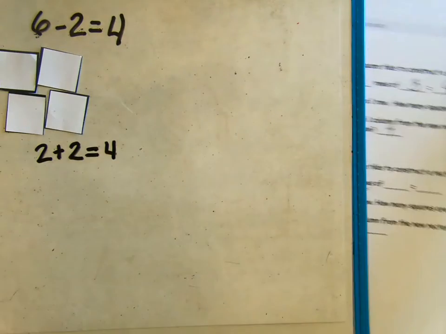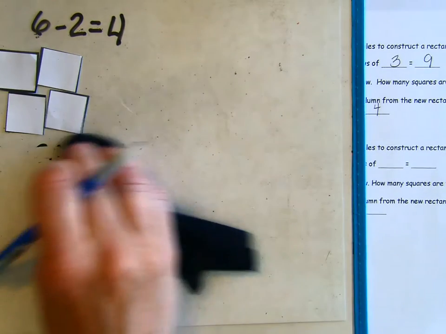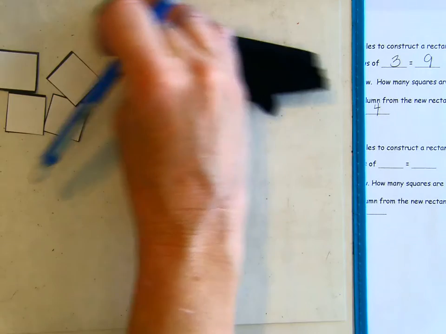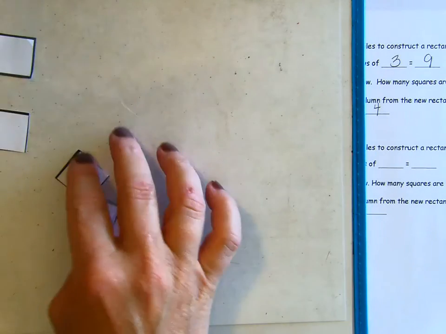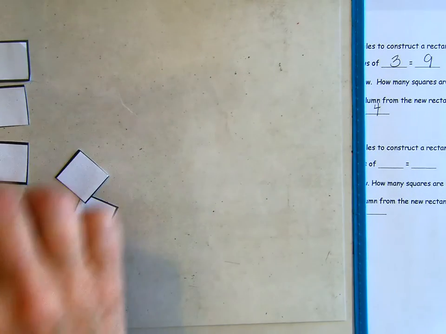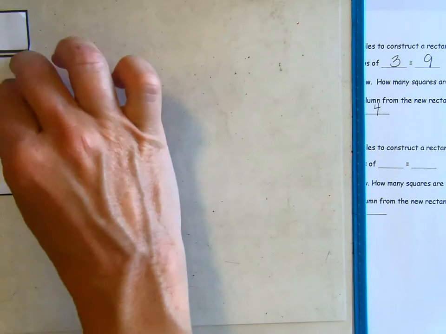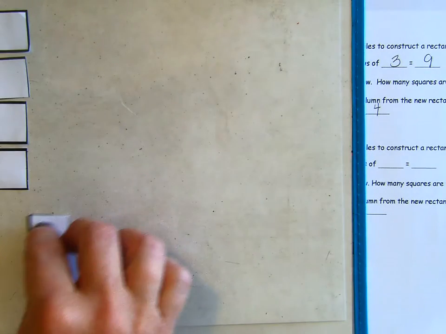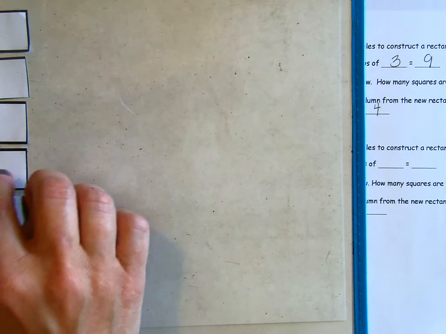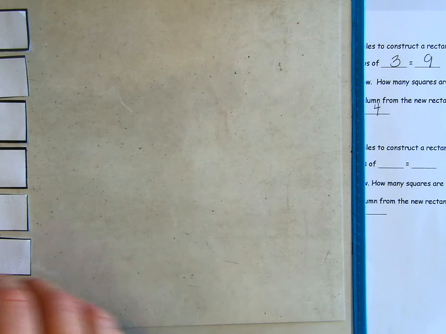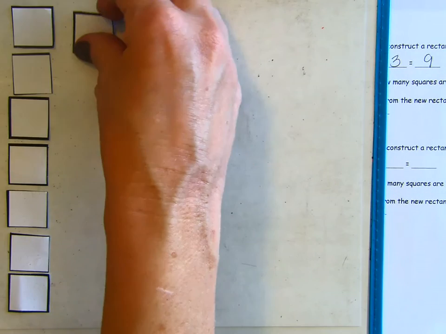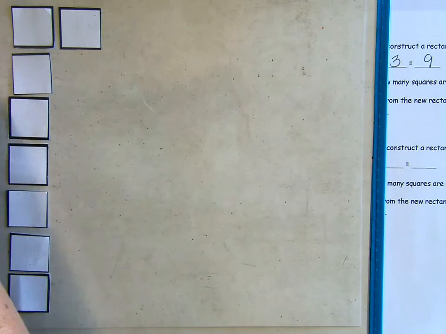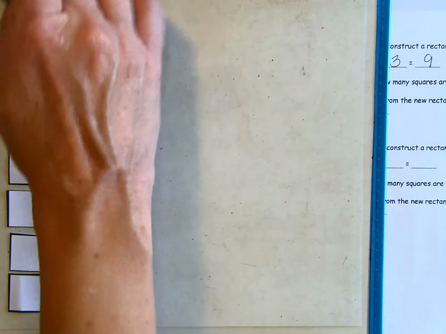So when I know that I need to put them into rows, I am first going to make sure I have 14. I don't think I do. 1, 2, 3, 4, 5, 6, 7, 8.